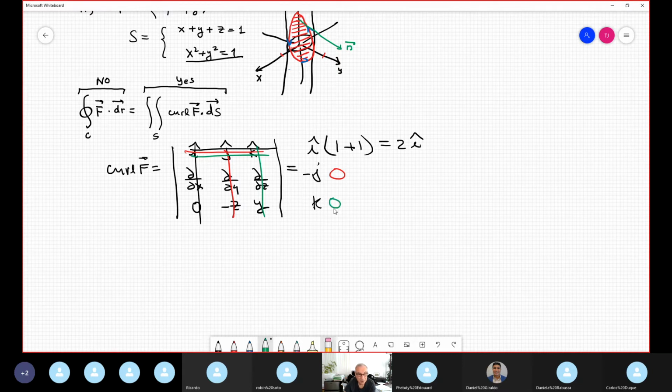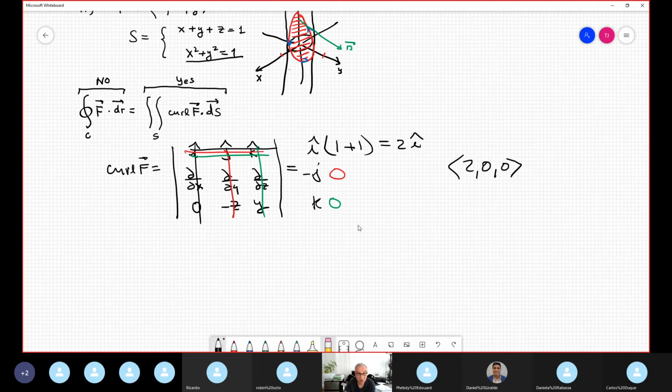So our curl is super easy. It is the vector 2, 0, 0. I like that because it's numerical. So maybe when you perform the dot product with dS, it's just a number. Entonces es super easy. Hazlo.